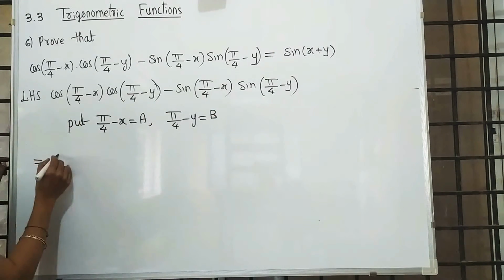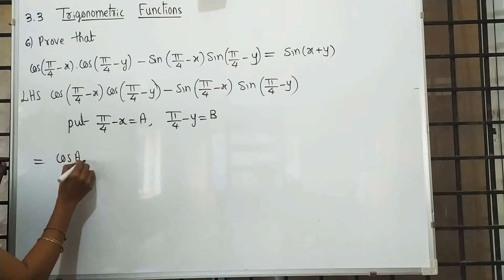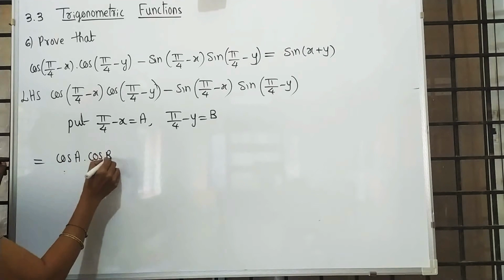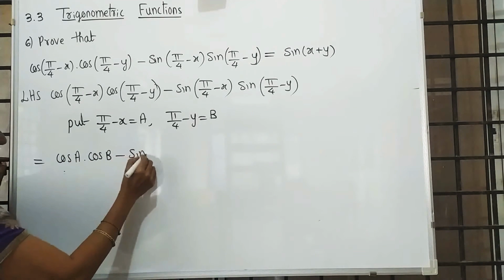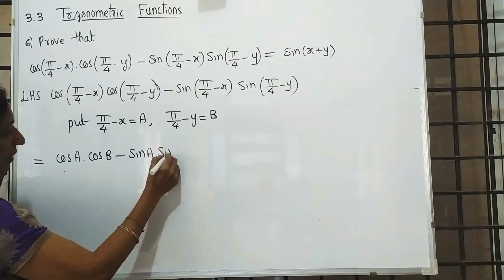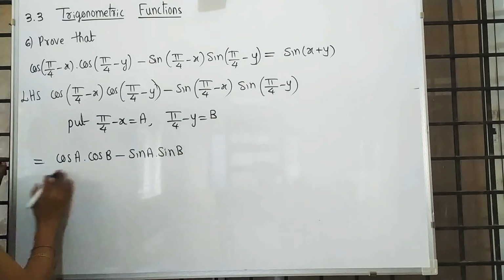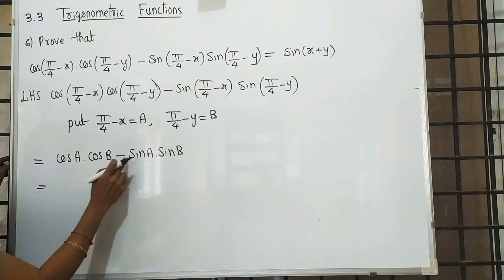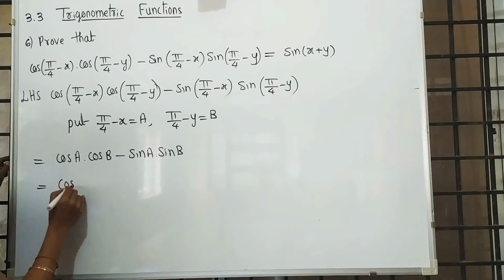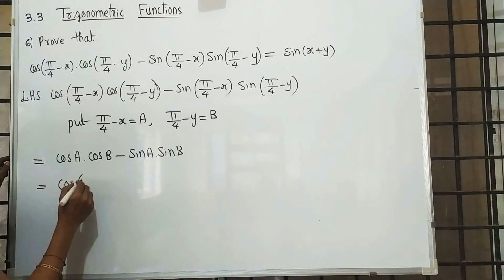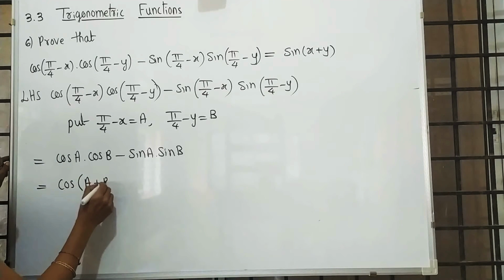The given expression will be written as cos a into cos b minus sin a into sin b. Now remember the formula. It is in the form of cos x into cos y minus sin x into sin y, that is cos of x plus y, that is a plus b.